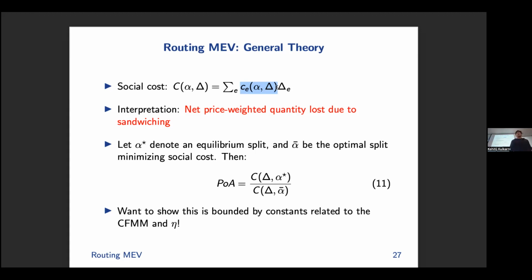And effectively, what you want to show is that this number is bounded by all the constants, those linear upper and lower bounds, and the slippage limit eta. And if you can do that, then you might be able to construct some kind of constant bound for the price of anarchy in general networks where you have all these upper and lower bounds satisfied.